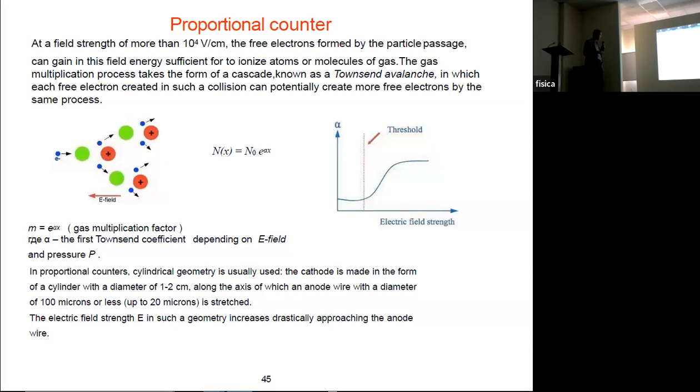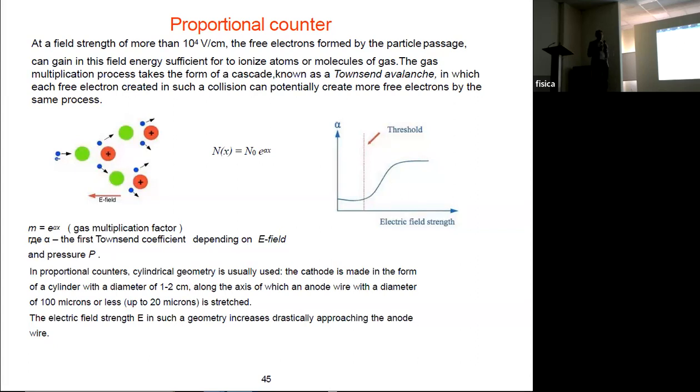This field is strong enough, and the ionization electron which appeared after the ionization gets enough energy in order to ionize a molecule also. And then it ionizes the molecule, it gets some energy from the field again, and you actually have the so-called avalanche.